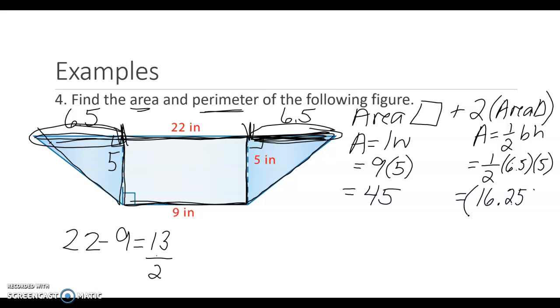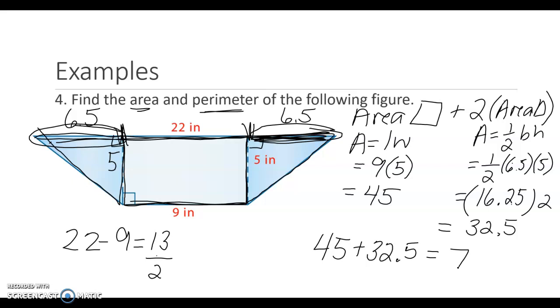And then I'm going to go ahead and multiply that by 2, since they're two identical triangles, to get a total area of 32.5 for both of those triangles. Okay, so now I'm going to add that 45 for the rectangle and 32.5 for both triangles, and I get a total area of 77.5 square inches. Okay, that is the area part.